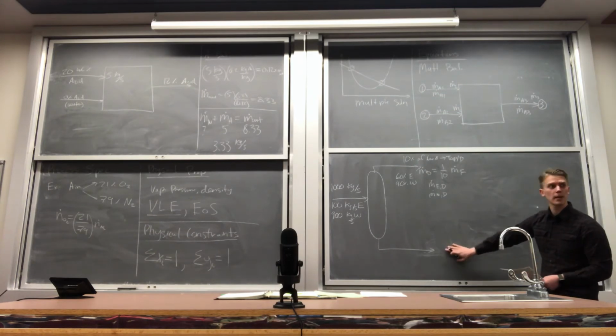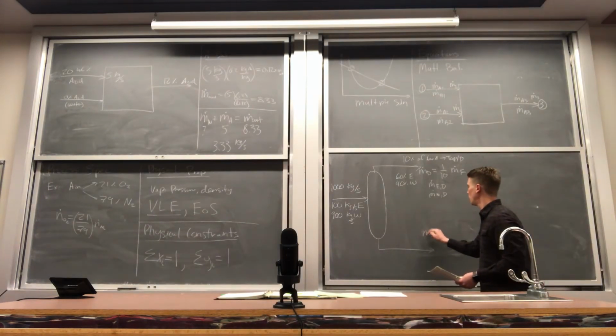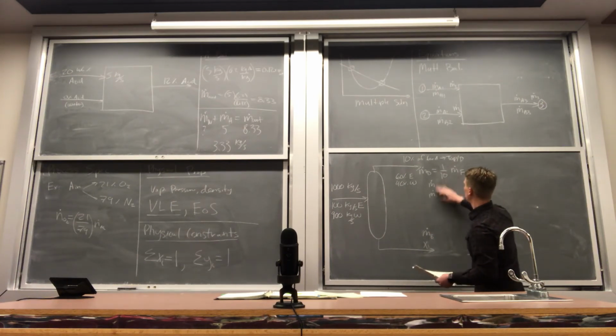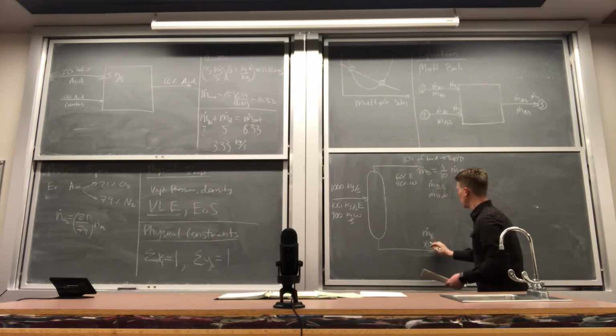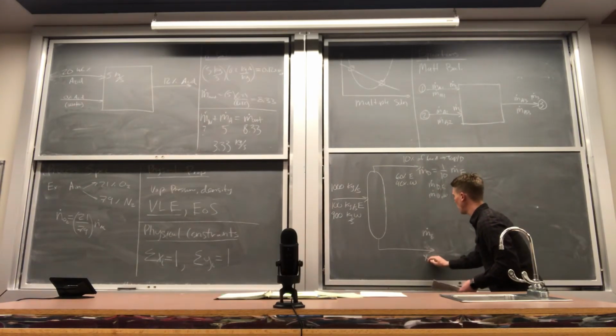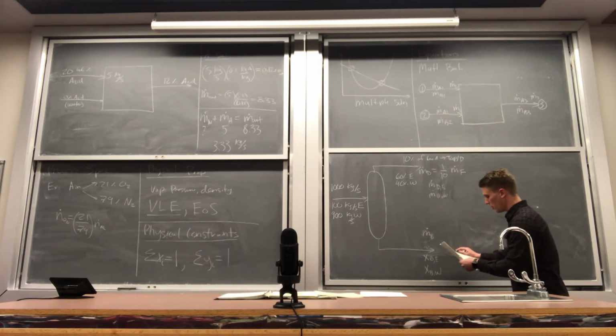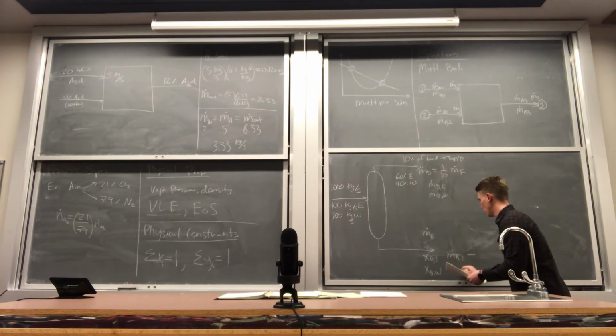Now we know nothing about the bottom stream. So we don't know the total flow rate of the bottom stream. We don't know its composition. So let me write this down. We don't know the composition, so we don't know x of the bottom for ethanol, x of the bottom for water, and we don't know the mass flow rates of the bottom for ethanol and the bottom for water.